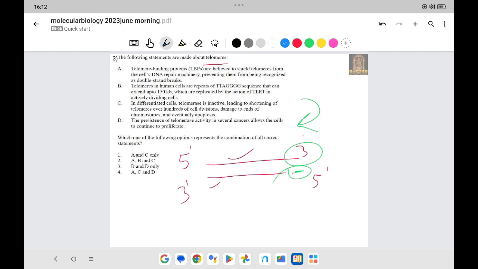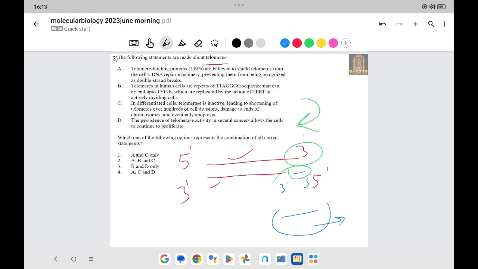It is a special kind of enzyme that has an RNA sequence built inside it, which has a predetermined sequence that varies depending on the species. This enzyme also has an activity known as RNA dependent DNA polymerase. So it will come here and give the primer here, and now you can see this will be the 5 prime and this will be the 3 prime.